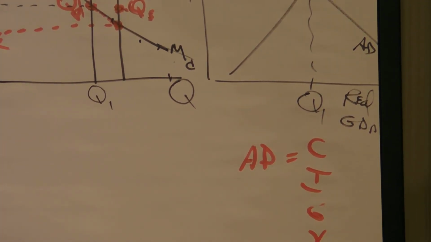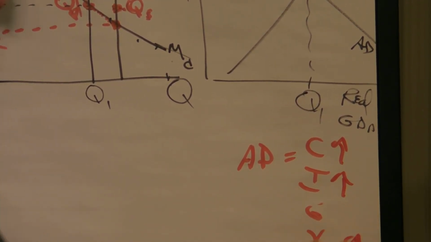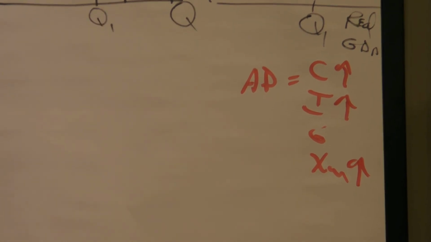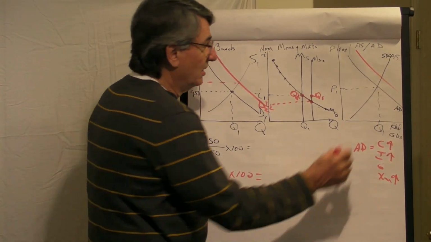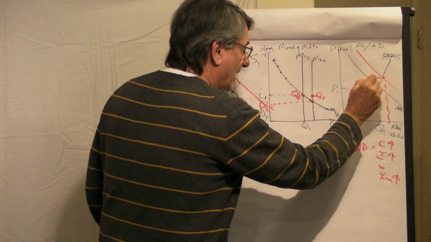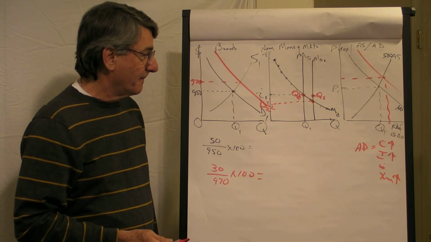And when interest rates go down, consumption goes up, investment goes up, and net exports go up. And this causes aggregate demand to shift to the right. This causes real GDP to rise and will put upward pressure on the price level as well.